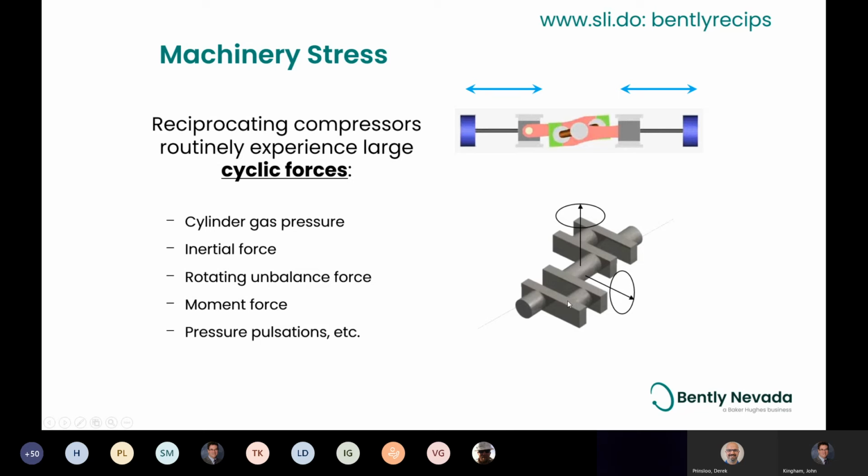You might have some unbalance on your crank, so you've got a rotating unbalanced force. You certainly have moment forces as it goes around, and pressure pulsations when the valves open and close, because they usually don't open and close smoothly. So many different sources of cyclic stress on this machine.